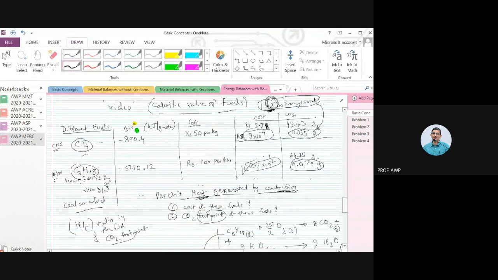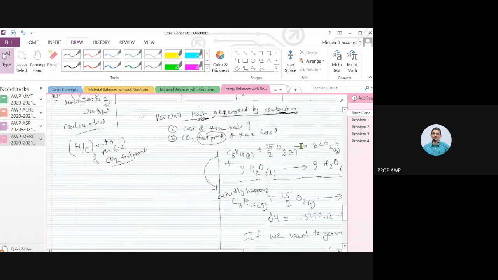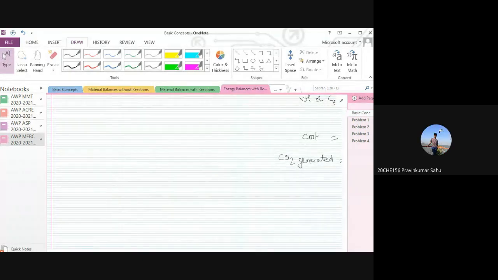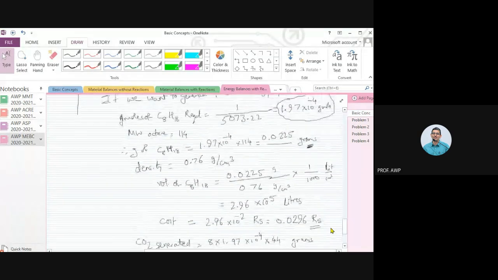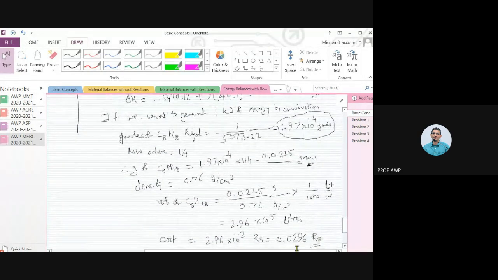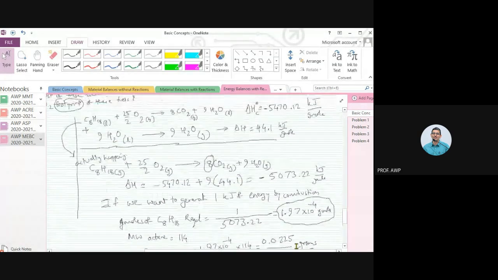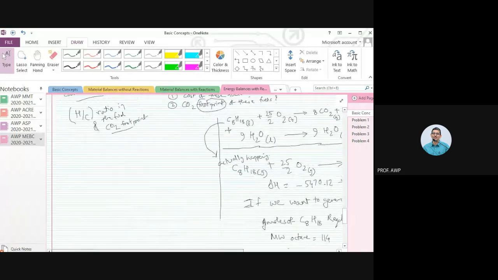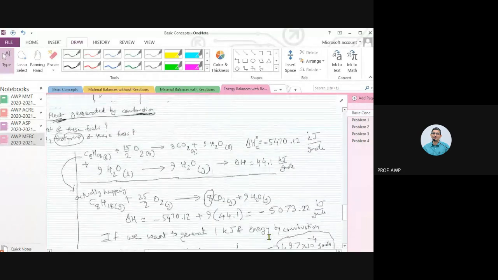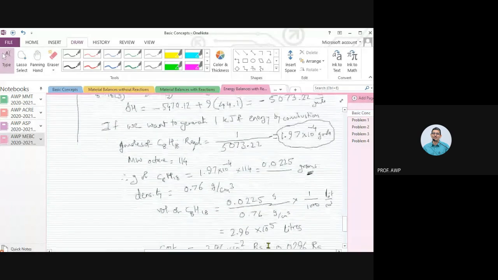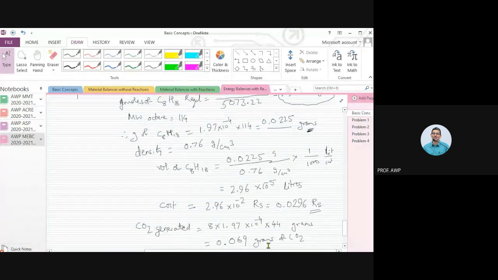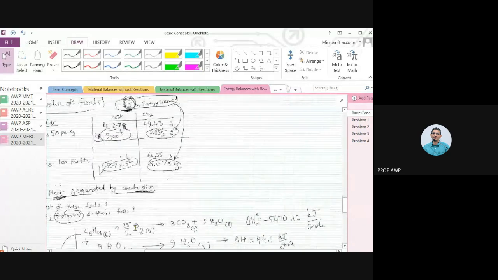In the other case, I generated 0.075 grams of carbon dioxide. I don't know which ones are right. The circled ones, 0.069. Circled ones were right. Okay.